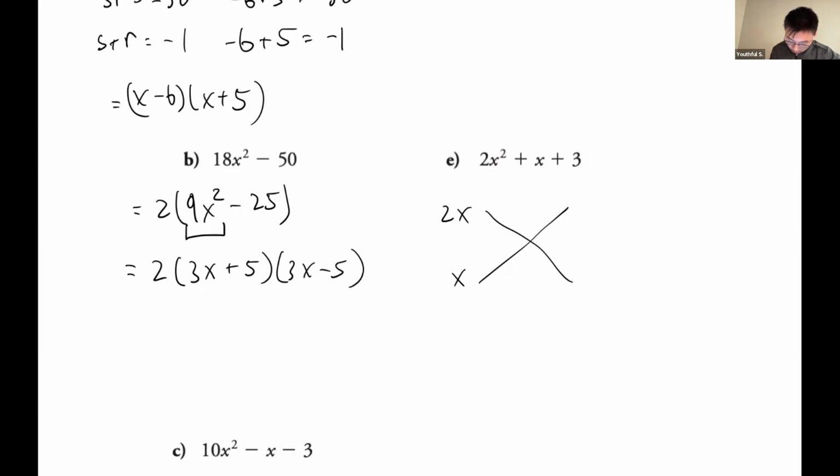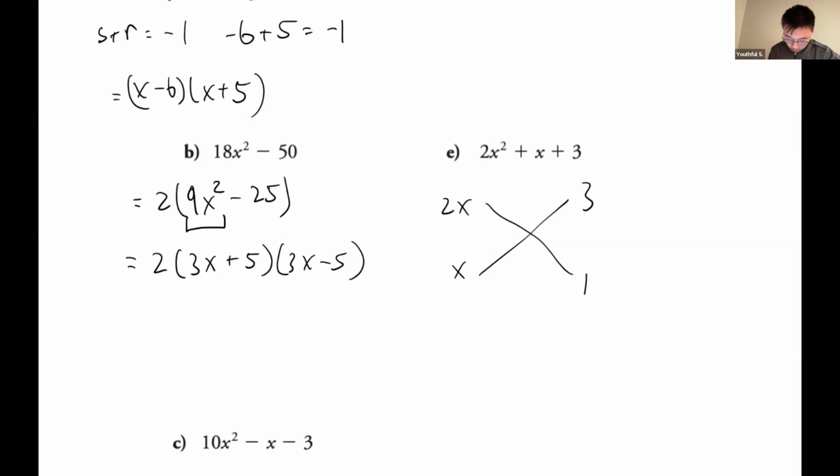So you could just try 1 and 3. Let's see here. We have 1. Oh, no, that's not going to work. You have 1 and 3. Oh, that's also not going to work. So it's possible this is not factorable, actually. Yeah, because you can't make this a negative.